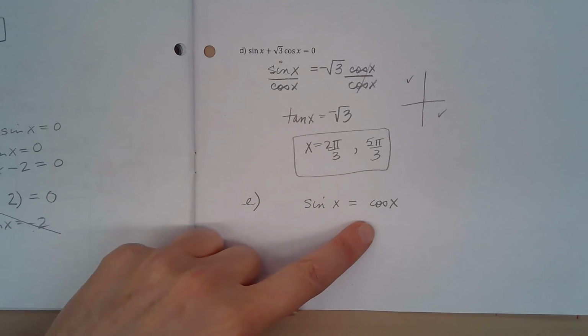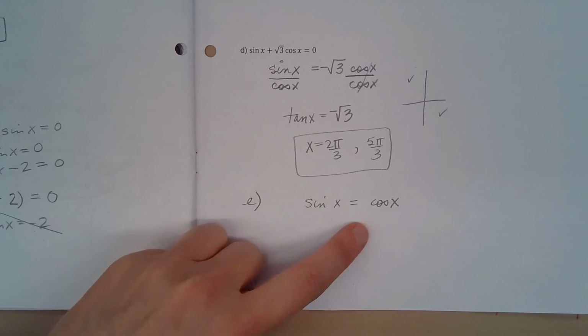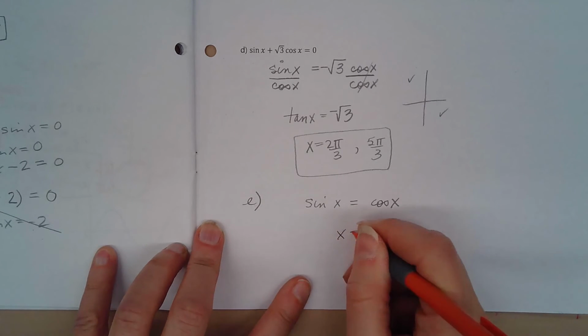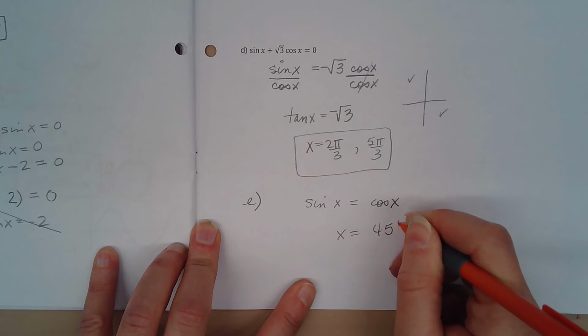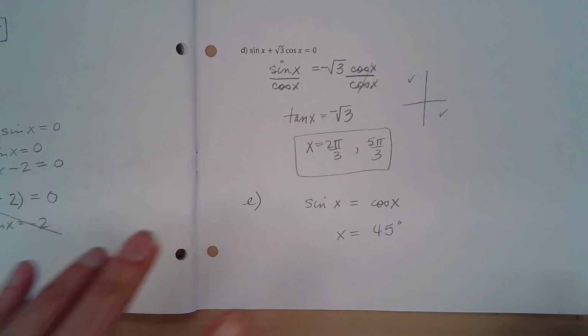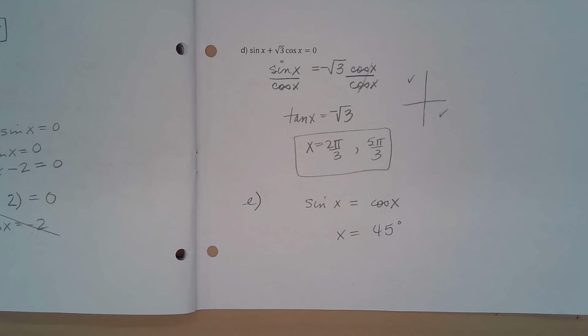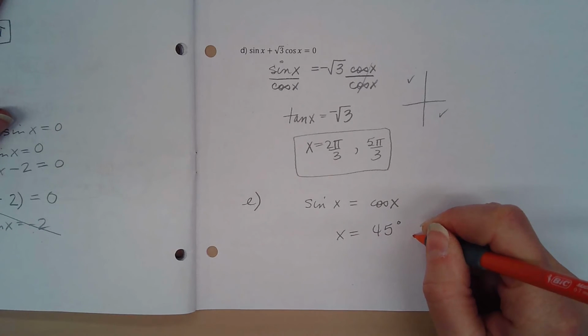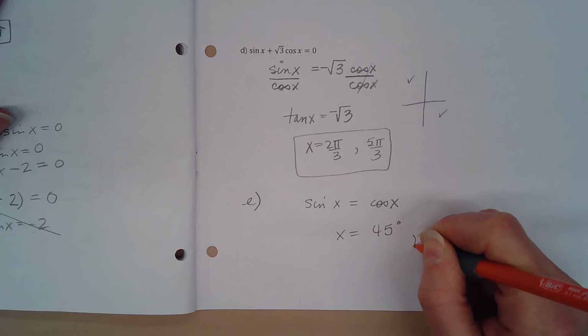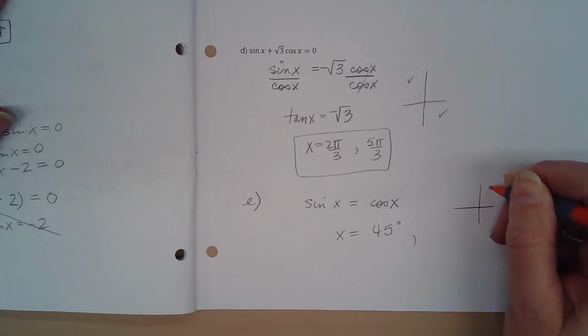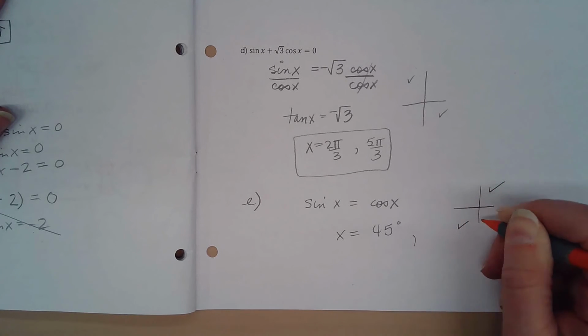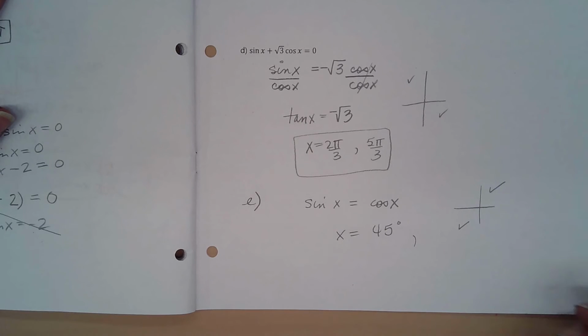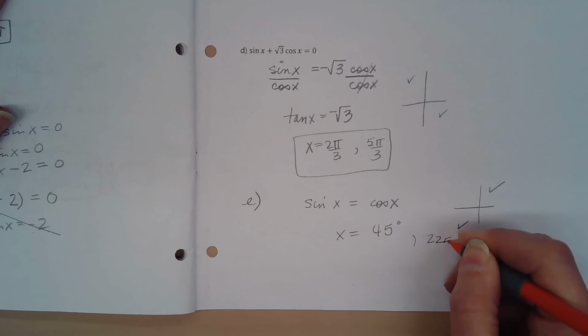Sine x equals cos x. Oh, 45 degrees. So where does that happen? At 45 degrees and one other place where they have the exact same values, the exact same signs. Not 135. Here and here, right? 225. Right?